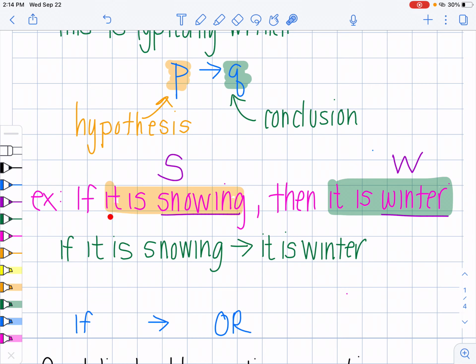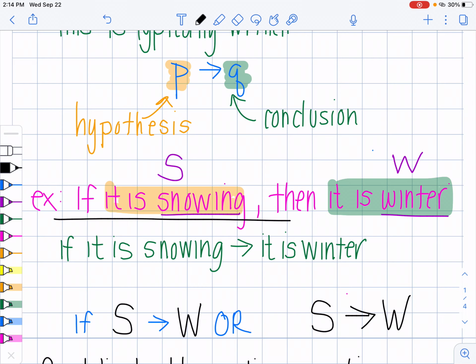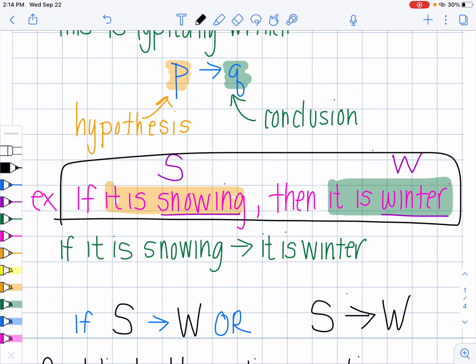So like we chose this S for snowing and this W for winter, I'm going to write it here and say if S, which we know represents it is snowing, then, which is the arrow, W, which we know represents it is winter. Or the way that you're most often going to see it is S, then W. You're not even going to write the if. So we took this whole sentence and we condensed it down to this here.